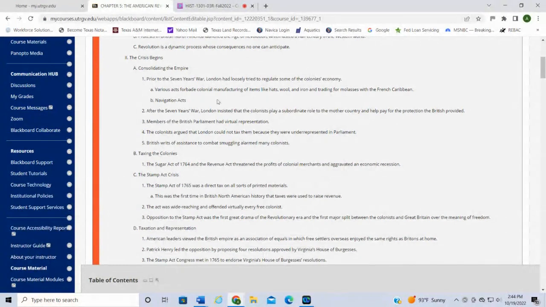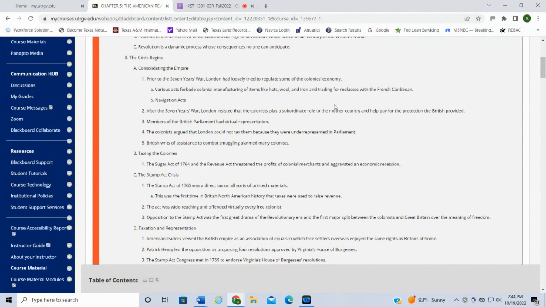So again, various acts forbade colonial manufacturing of items like hats, wool, iron, and trading for molasses with the French Caribbean. We talk about the Navigation Acts as well. This goes back to the idea of mercantilism, right? This idea that the colonists had to buy British goods, and they had to be imported by British ships. This was also becoming a contentious issue because the colonists could try to get some of these goods cheaper from the Dutch or some of these other traders, and they weren't being allowed to.